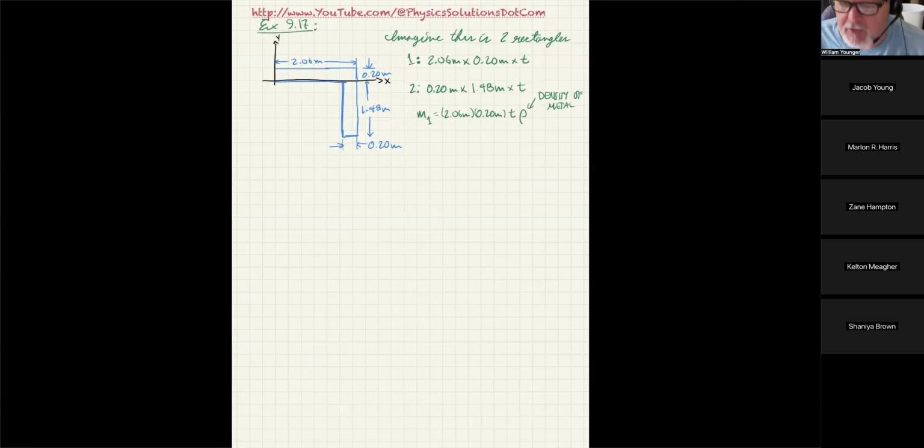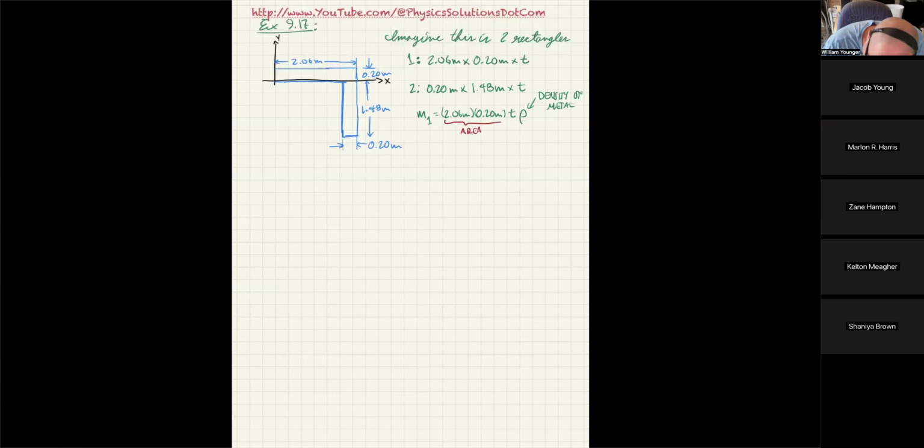And see if you take the density of the material, which is kilograms per cubic meter, and multiply it by meters times meters times meters, that would give you the mass. But the key thing is you see that the mass is definitely proportional to the area. So that's what I'm trying to point out by writing this. This part's just the area.